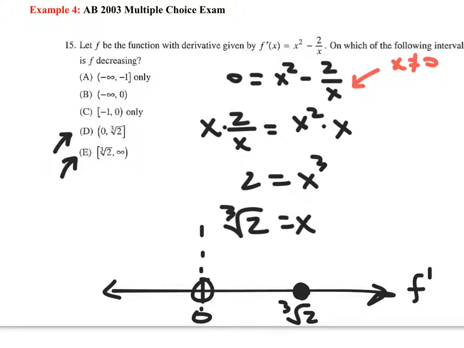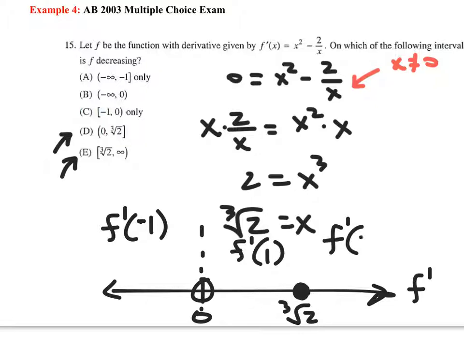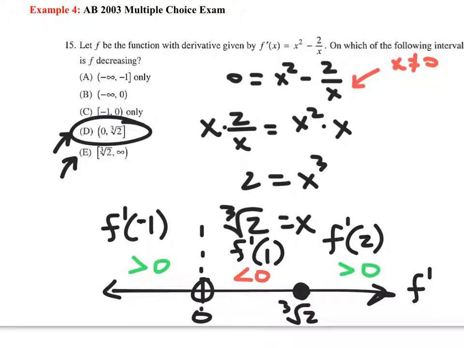I'd do f prime of -1, probably f prime of 1, and f prime of 2. So based on my calculations, I'm seeing a derivative greater than 0 here and here, and I'm seeing a derivative less than 0 here. So then I know that would be our interval right there.